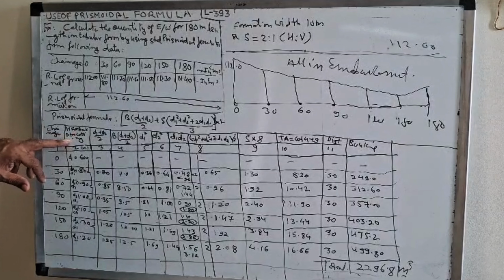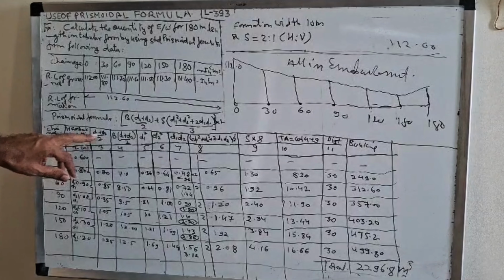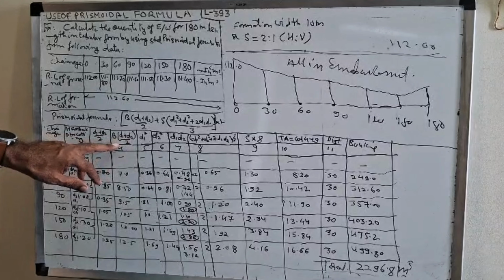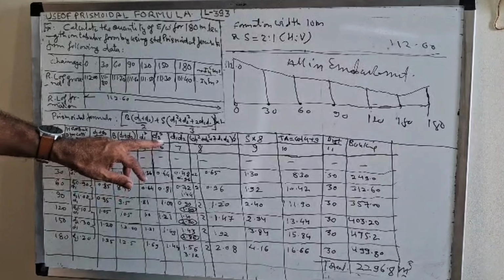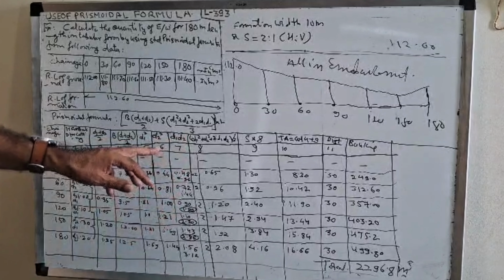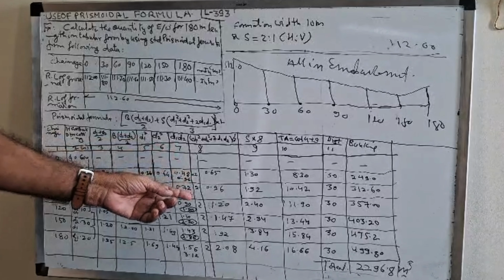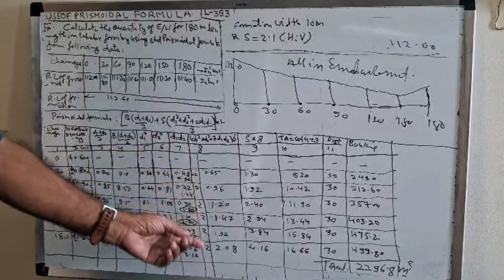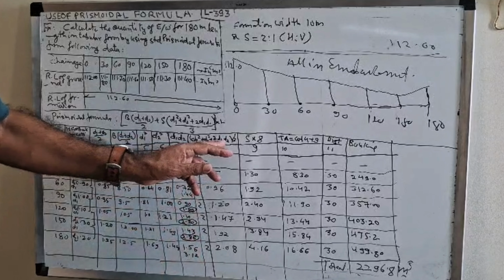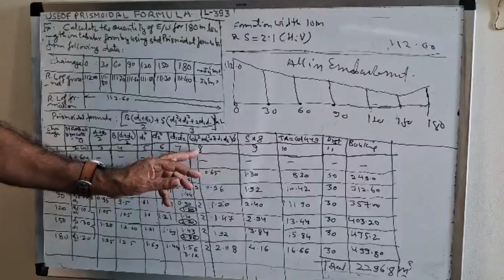So let us make the table with the chainage. H for bank, D for cutting, then (d1 plus d2) by 2, then B multiplied by (d1 plus d2) by 2, then d1 squared in one column, d2 squared in another column, d1 d2 in another column. Multiply d1 d2 by 2 and put it over here, and this is (d1 squared plus d2 squared plus 2 d1 d2) divided by 3. This is column 8.